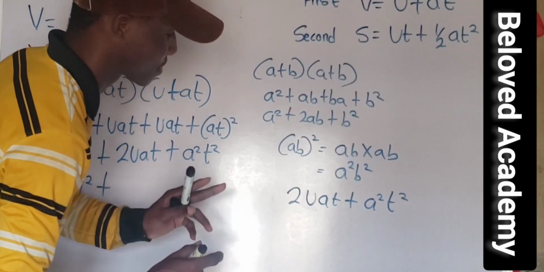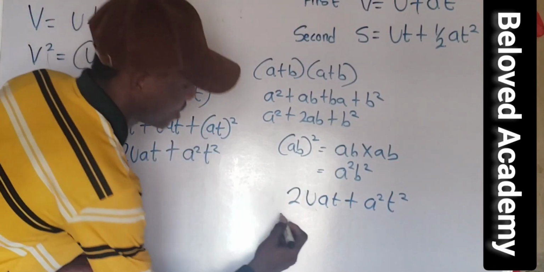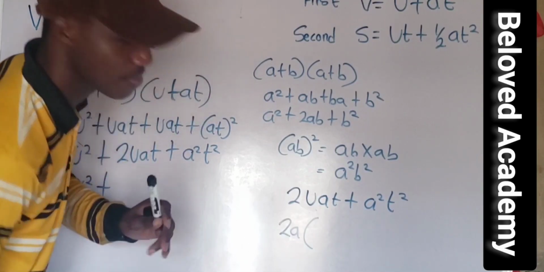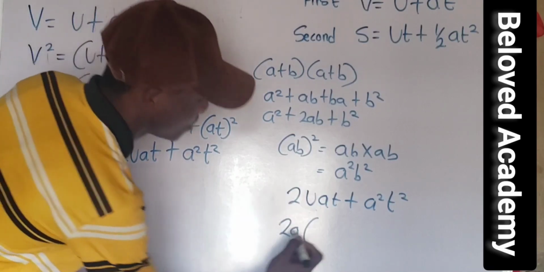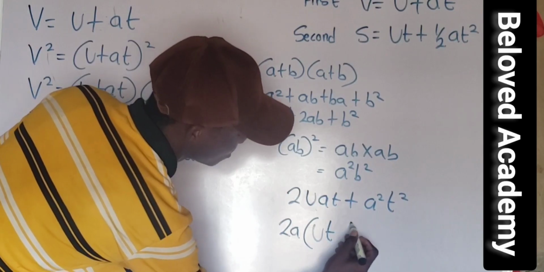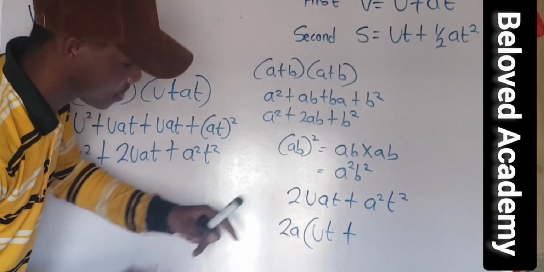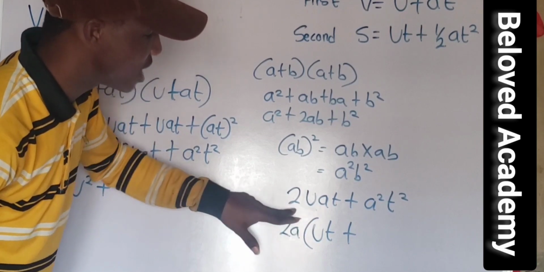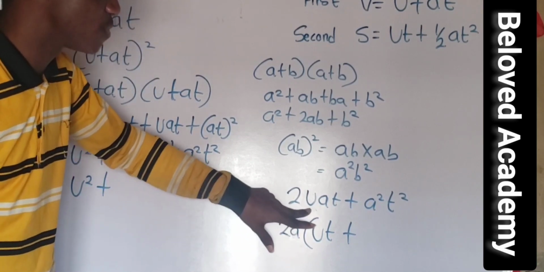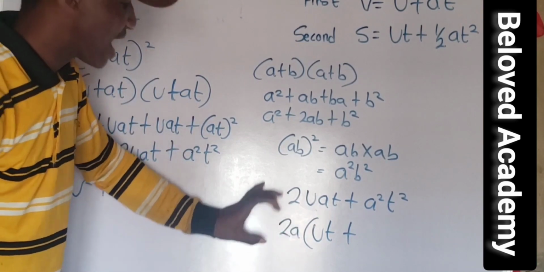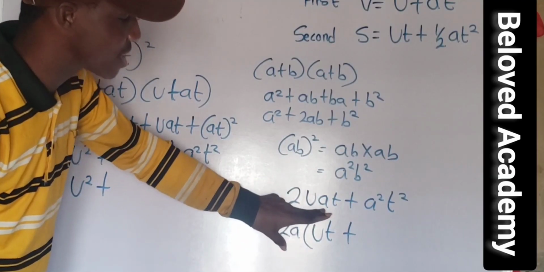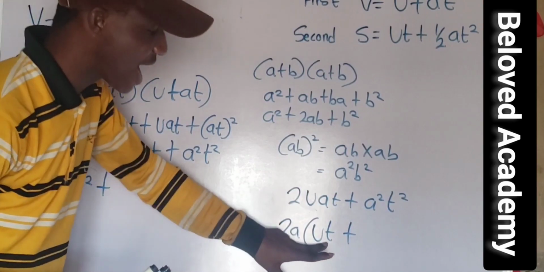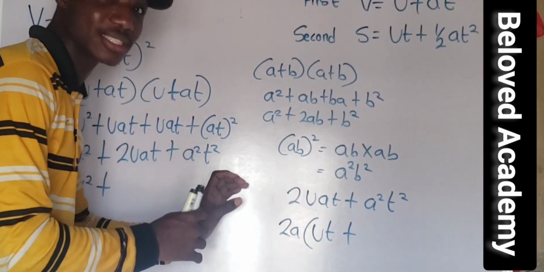Now, 2A into bracket, pay attention, that will be UT plus, you see, if I factorize 2A out of this 2UAT, I write 2A out of this bracket, so I have only UT at this side now.